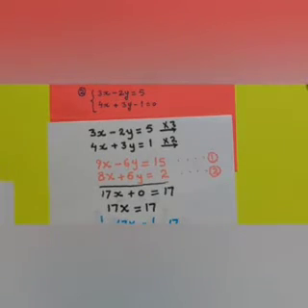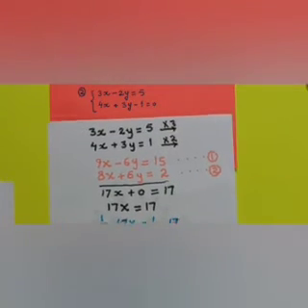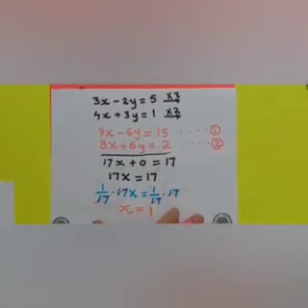Here we can cancel this 17 with this 17, and we got only x is equal, and here 17 divided by 17 gives 1. So x is equal to 1.